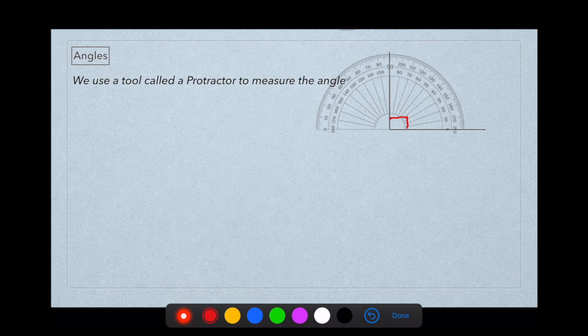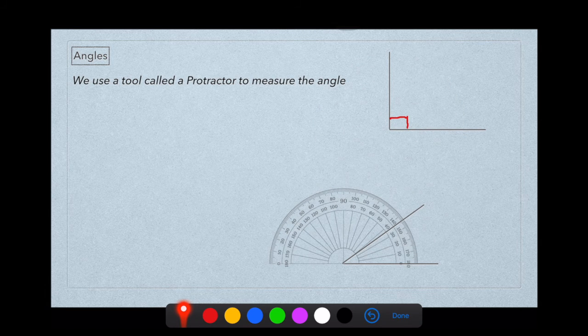Now let's have different variations of angles. What about this angle? Okay, let's say center to the vertex, line to line, everything is correct. Check, it's time to measure.